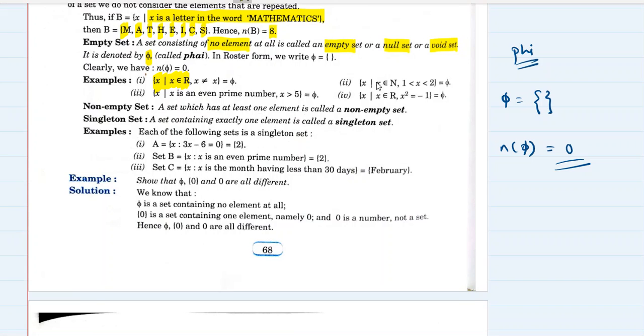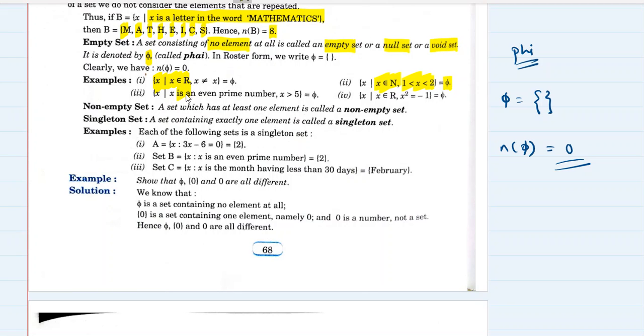Anyways, let's check another set: all elements X such that X belongs to natural numbers and X is between 1 and 2. Between 1 and 2 there exist no natural numbers because 1 and 2 themselves are consecutive natural numbers. Between two consecutive natural numbers there cannot exist any other natural number, so it's an empty set.